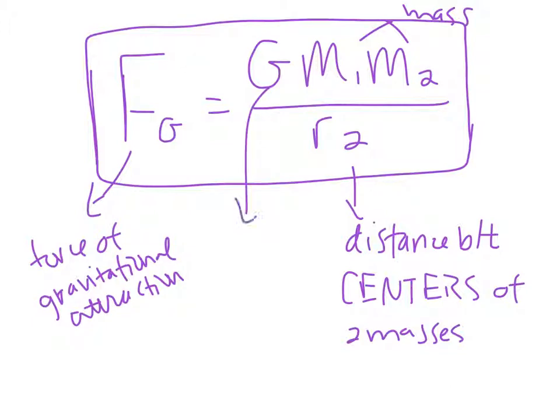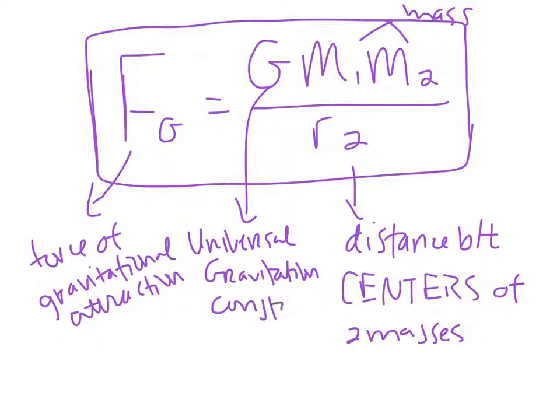And this G right here is the universal gravitation constant. So Fg equals G m1 m2 over r squared.